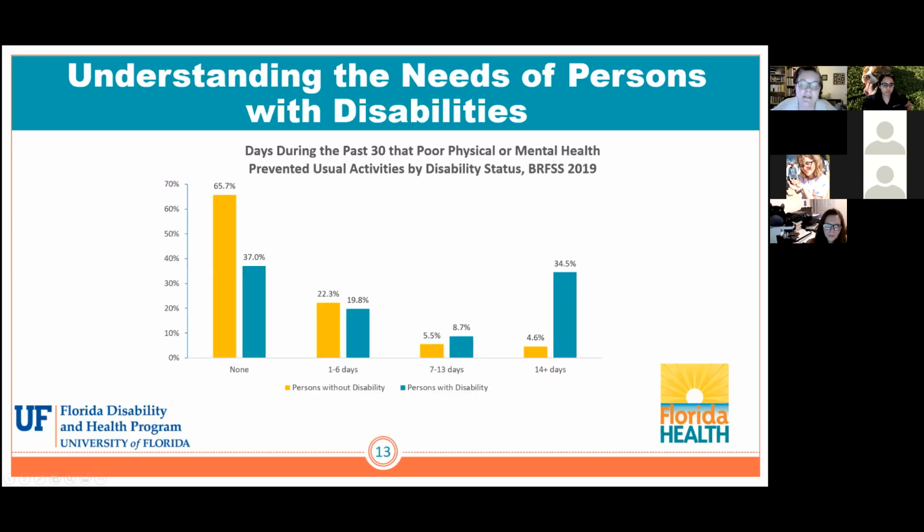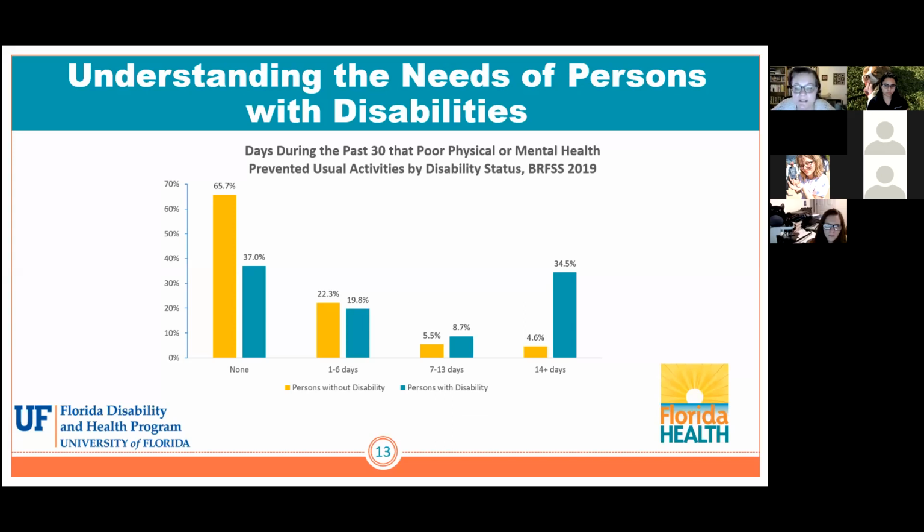We also see some significant differences when we look at days during the past month that poor physical or mental health prevented a person from engaging in usual activities. So when we look at people who responded that there were no days that they were prevented from engaging in usual activities, it was 65% of people without disabilities that reported no days versus only 37% of people with disabilities.